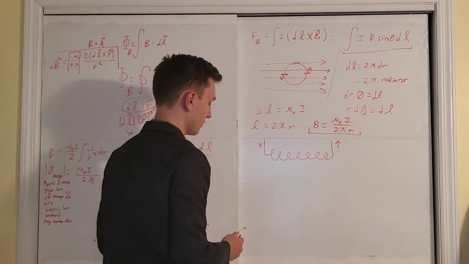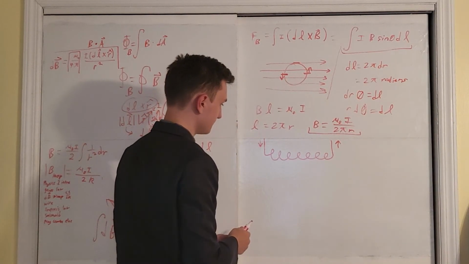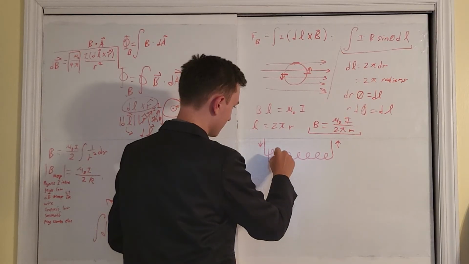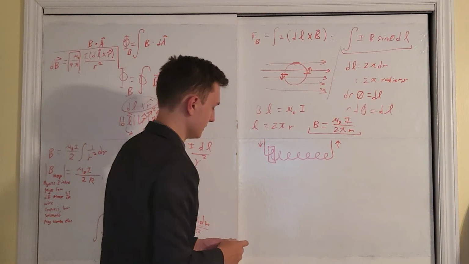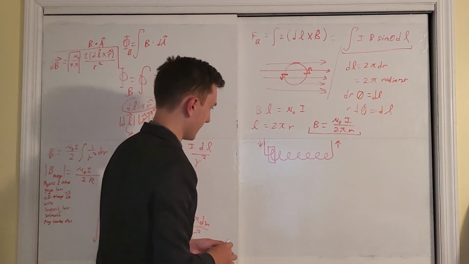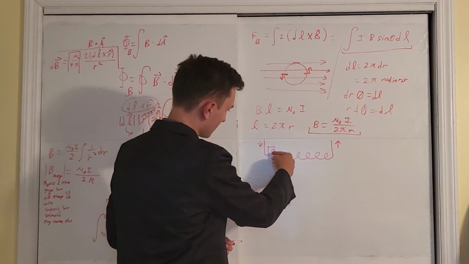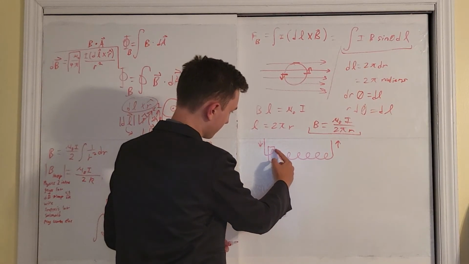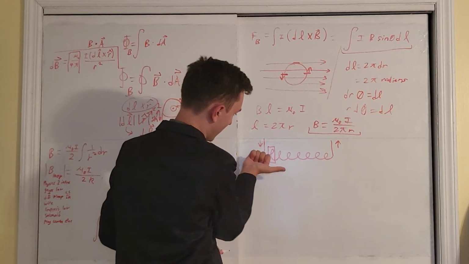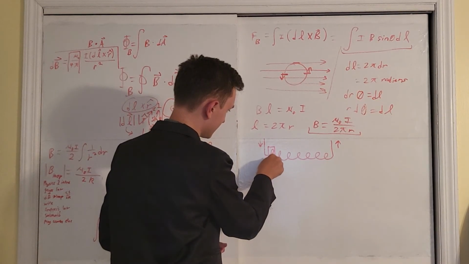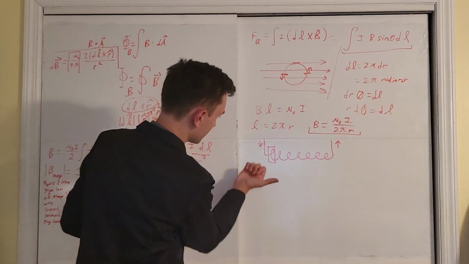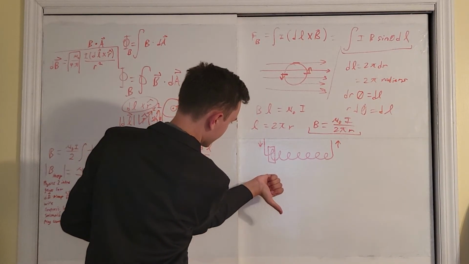And these are loops of wire. If I were to do the right-hand rule, let's consider this particular section of the solenoid for right now. I know that the current is flowing this way around the wire. If I consider just this section, that means the current is flowing downward in that instance.